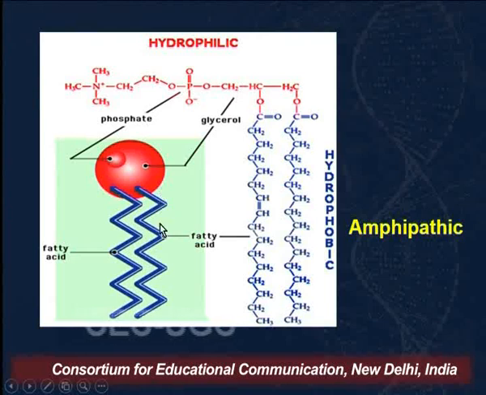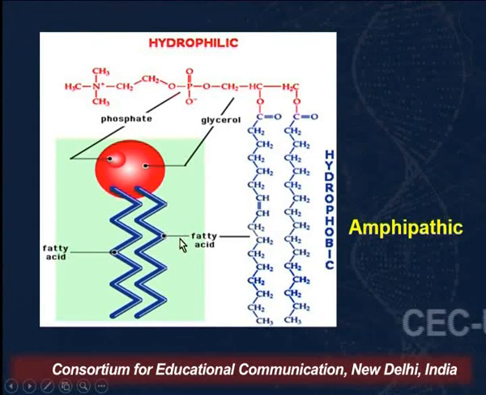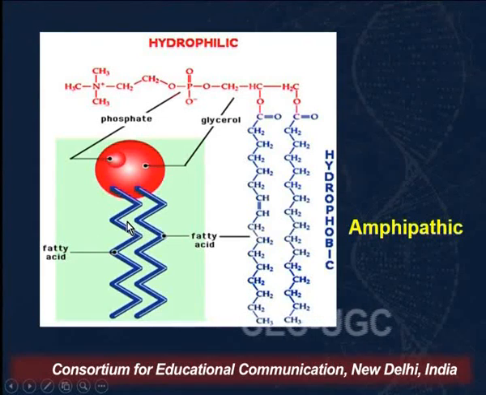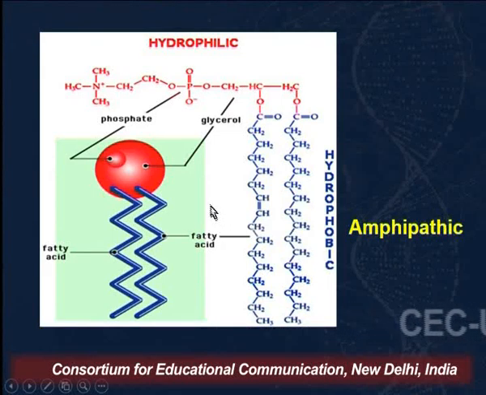So phospholipid is amphipathic in nature: the polar part is hydrophilic, made up of the phosphate head, and the hydrocarbon part, which is the tail, is hydrophobic in nature. As a result, phospholipid has both the polar part and the non-polar part. Therefore we say phospholipids are amphipathic in nature.